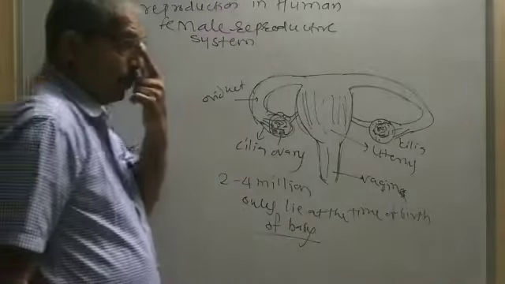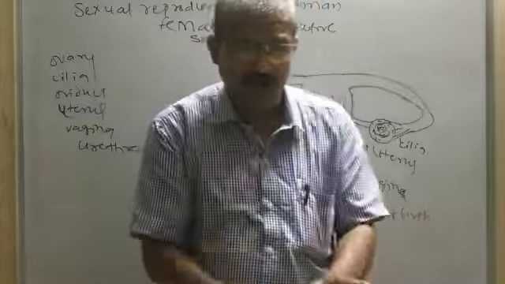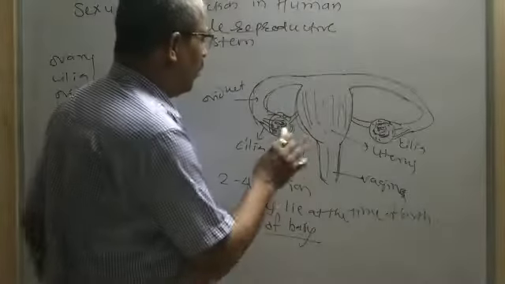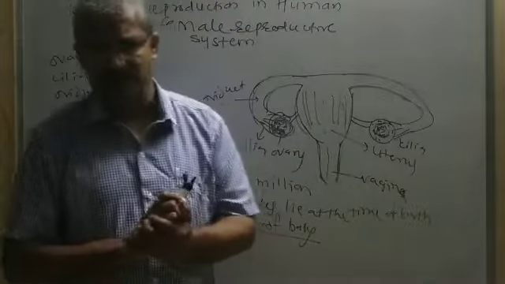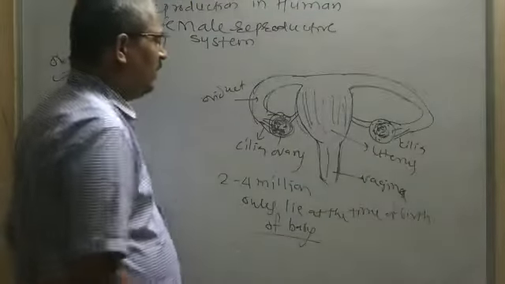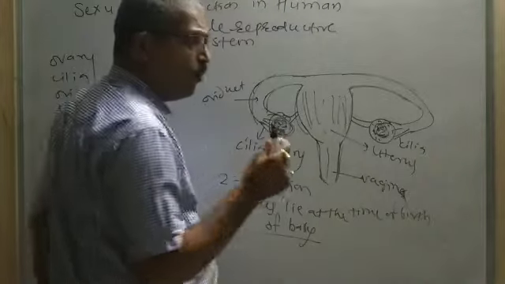What I told: 2 million to 4 million ovules already come in the female baby or female fetus. Understand?